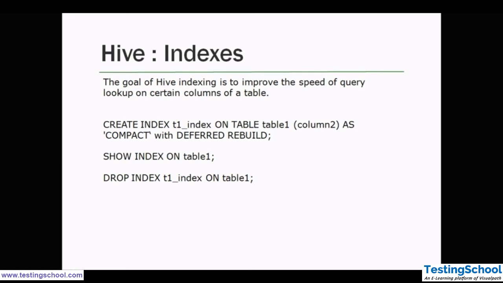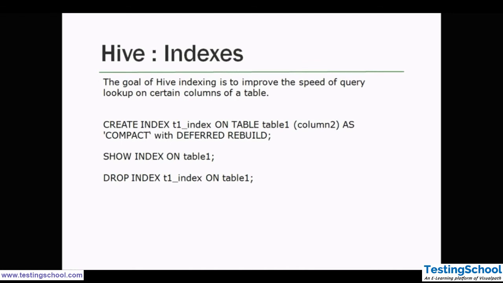You can create the indexes in a similar manner to how you create them traditionally in SQL. It is as simple as create index, then the index name, let's say t1_index, then on which table. So it is on table 1, and on which column you want to create your index.